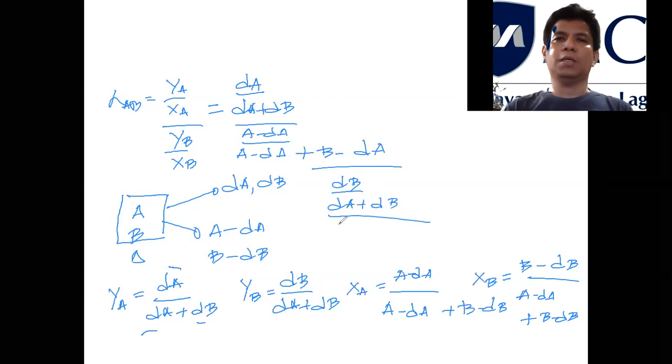XB is B minus D sub B divided by A minus dA plus B minus dB.